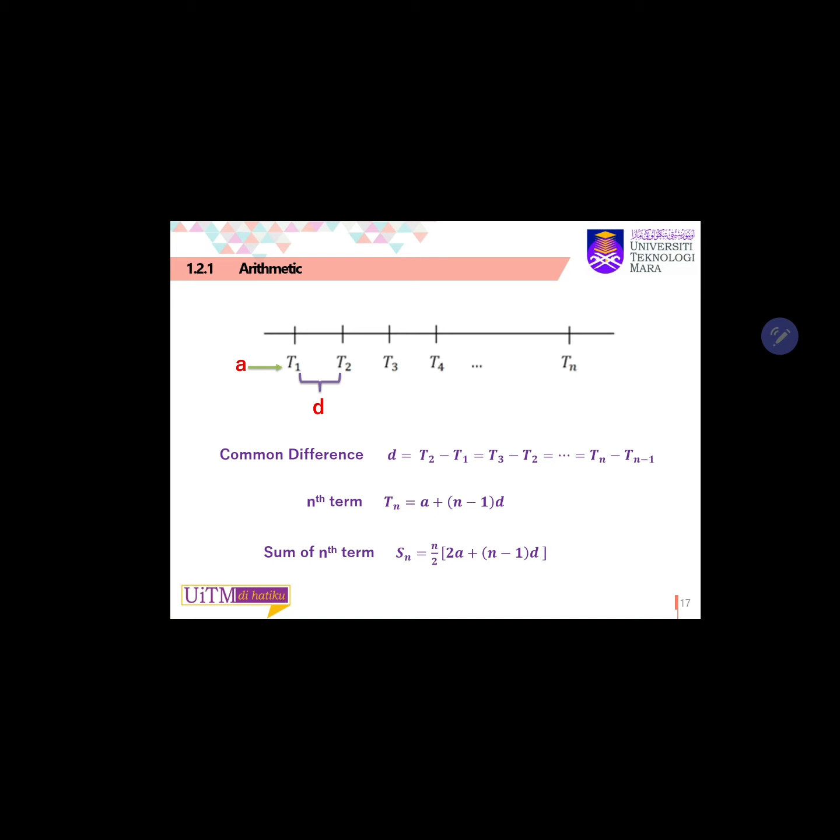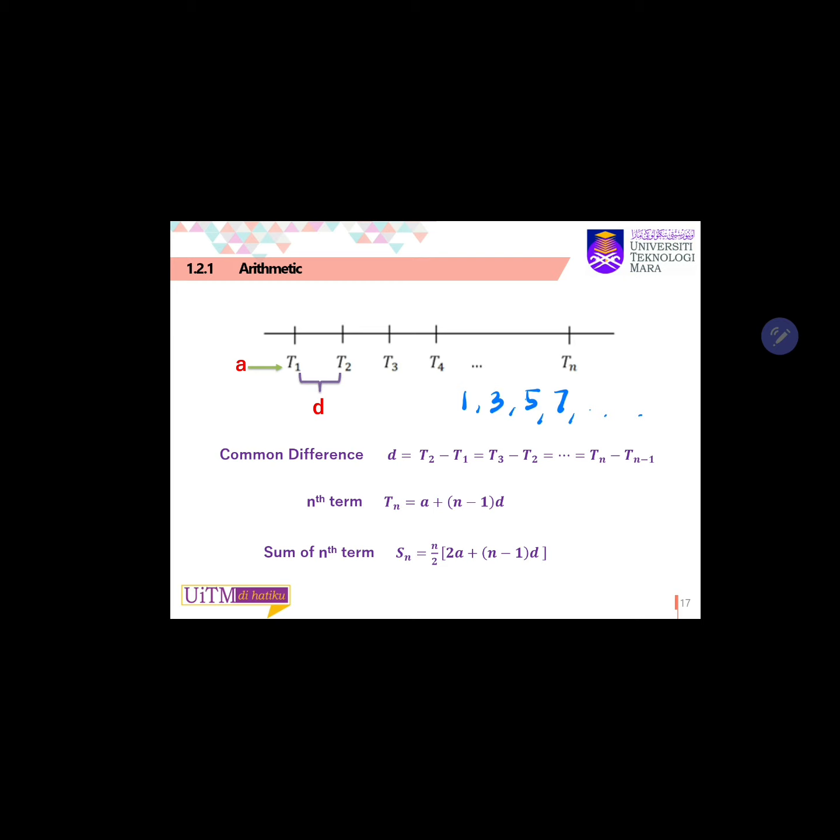Okay, so first of all, we look at what is an arithmetic sequence. Let's say we have a sequence of numbers, a series of numbers. Let's say we have 1, 3, 5, 7. So this is what we call a sequence of numbers.